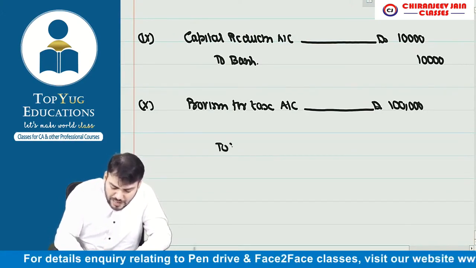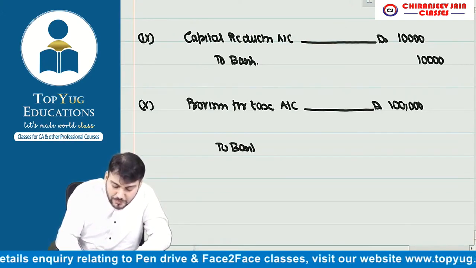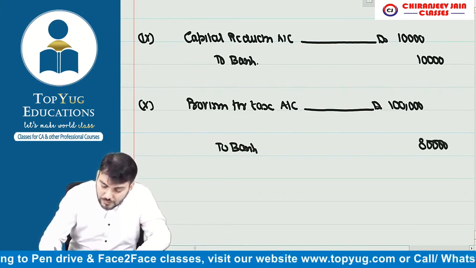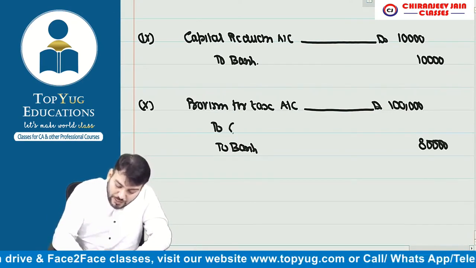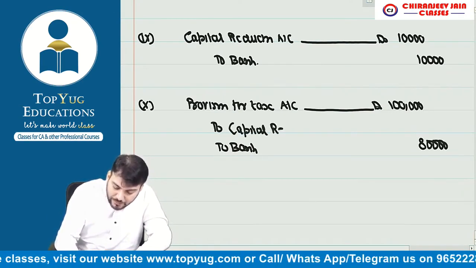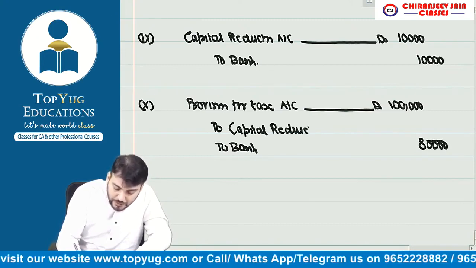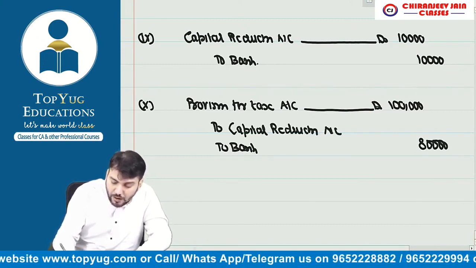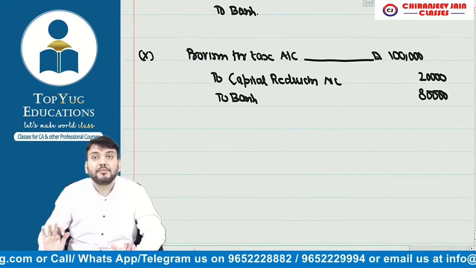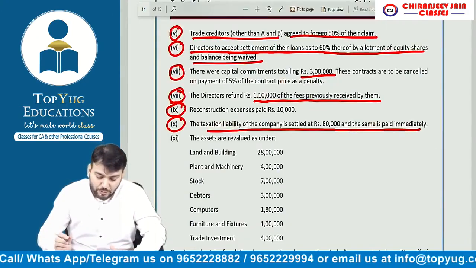And now we can pass payment directly to bank. How much? 80,000. Correct. And now it becomes your gain. Gain will be transferred to which account? Capital reduction account, 20,000. This also we have understood. Yes sir. Correct. Understood? Super easy.